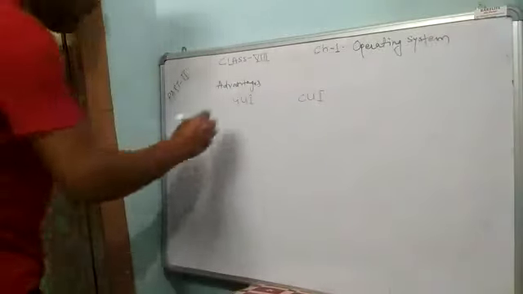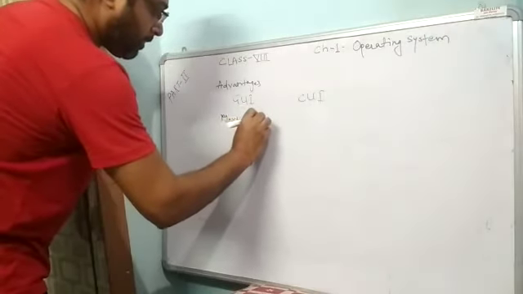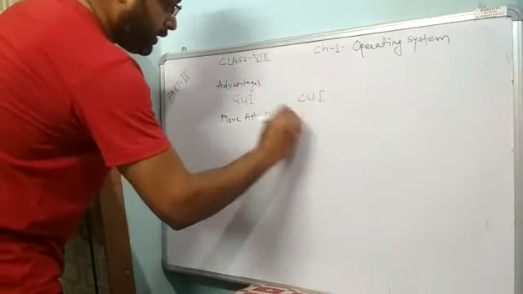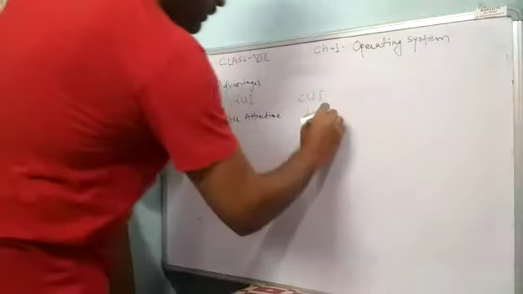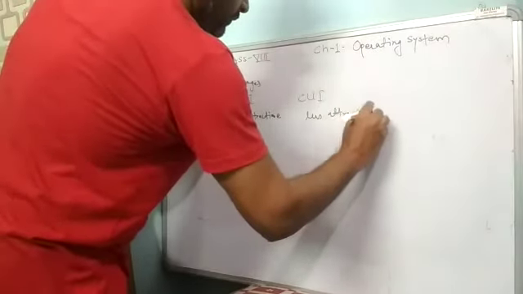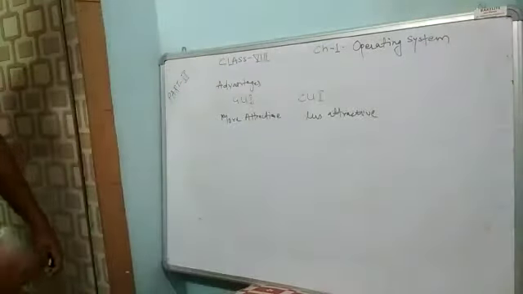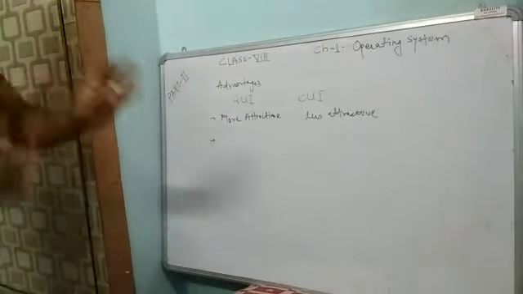So GUI is more attractive and CUI is less attractive. This is the first advantage of GUI over CUI.